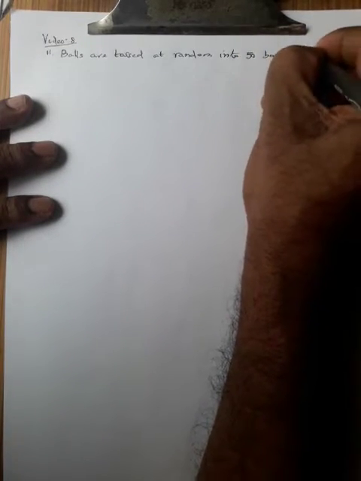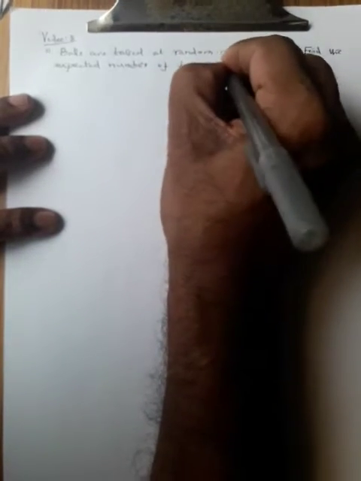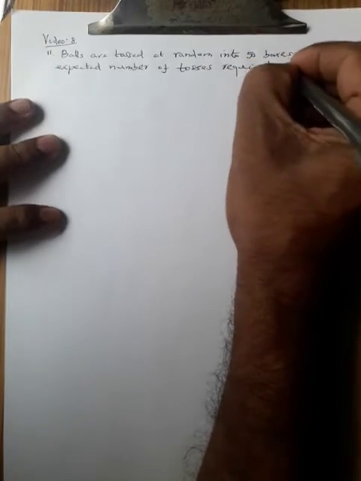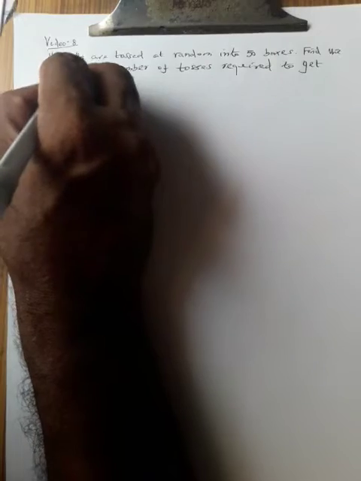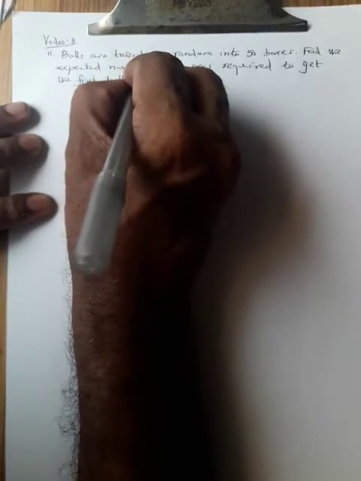Find the expected number of tosses required to get the first ball in the fourth box.